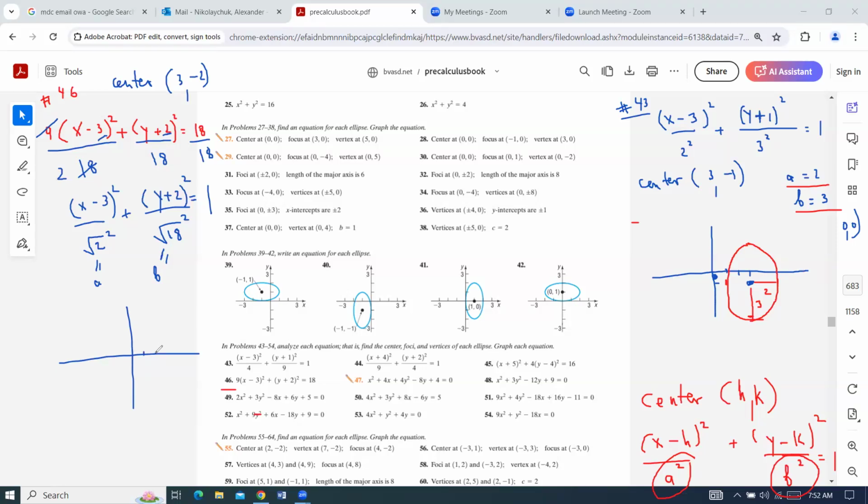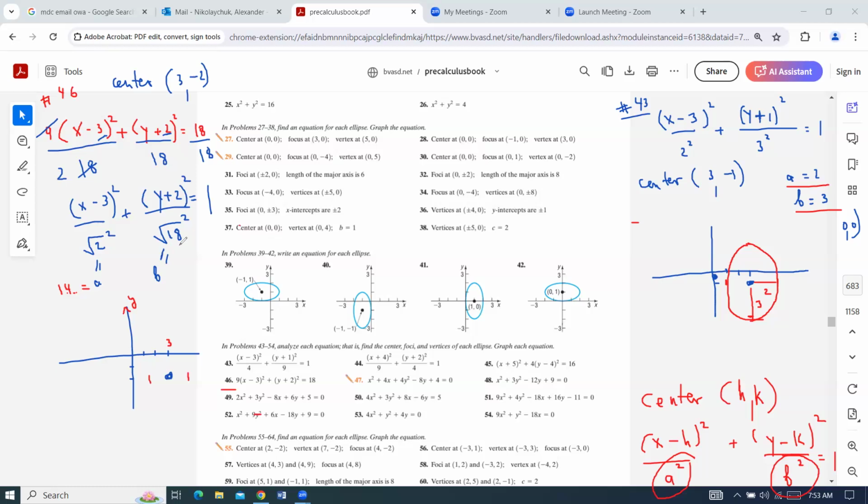So 3 and -2 is someplace here. And now I need to imagine what a is supposed to be. So square root 2. Well, square root 2 is about 1.4 something. So when I go to the left and to the right by 1.4 from the level of 3, I'm not going to touch my y-axis, because it's not far enough. And then square root 18.